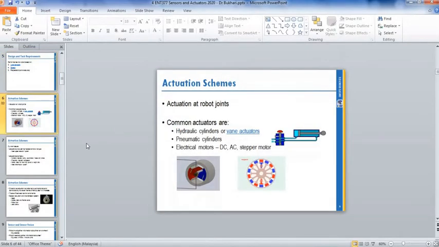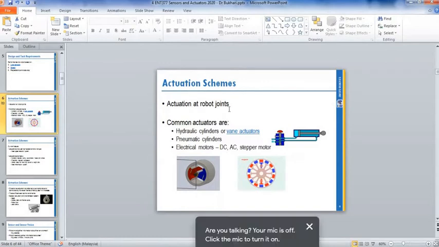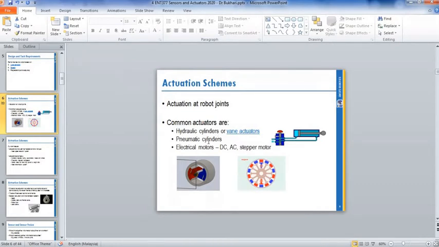Okay, actuation of robot joints. At robot joints, the common actuators are hydraulic cylinders, pneumatic cylinders, and then electrical motors: DC, AC, or stepper motor. So these are the common actuators.